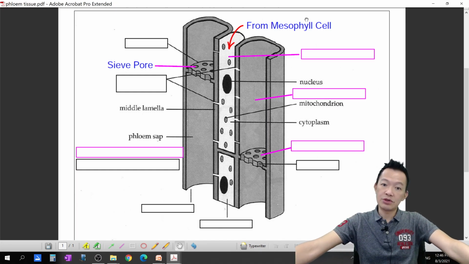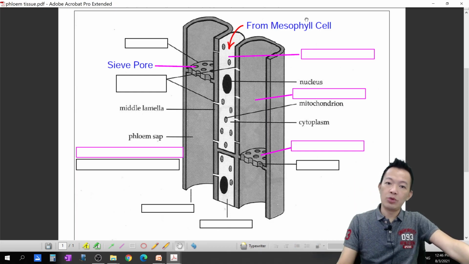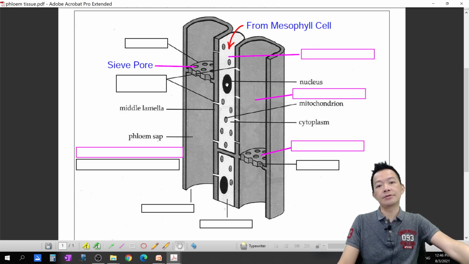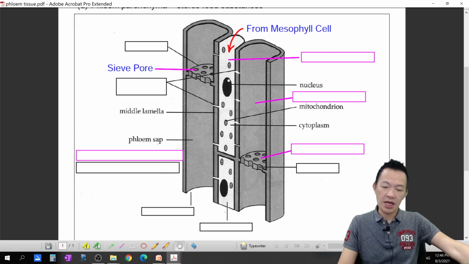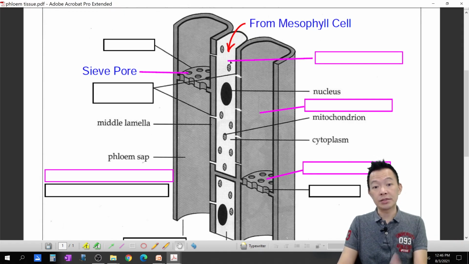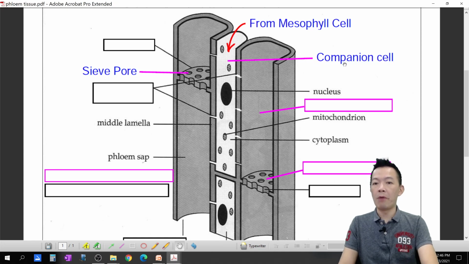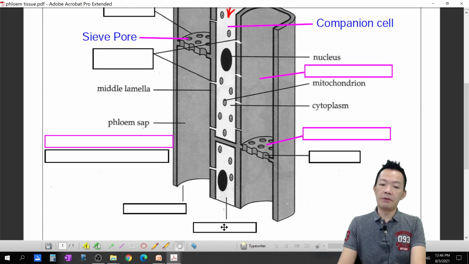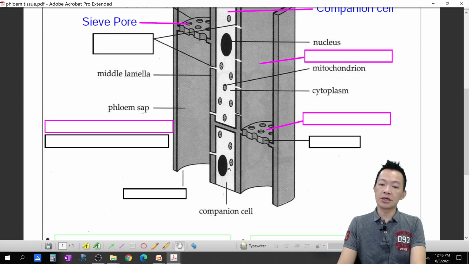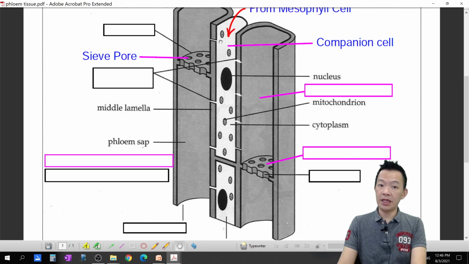And the organic substances will be transported to the companion cells. The companion cell is just beside the sieve tube, and it gets the food material. Below is another companion cell, which also gets the food material.